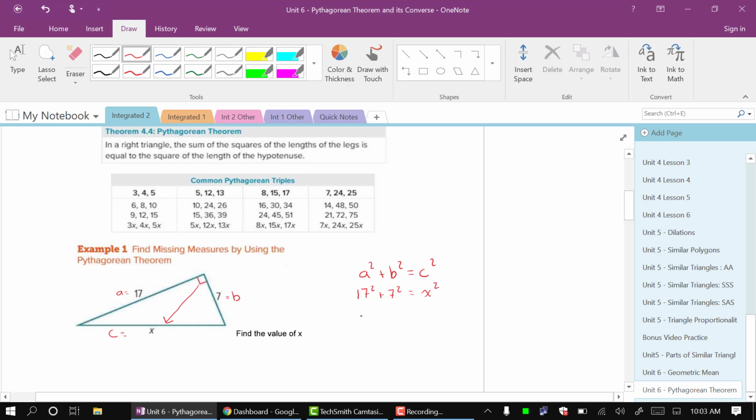Well, 17 squared, so 17 times 17 is 289. 7 squared is 49 equals X squared.